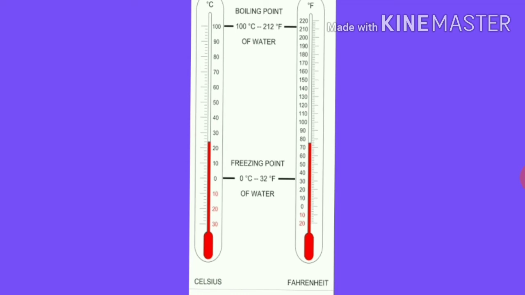And the boiling point of water is taken as 212 degrees Fahrenheit, which is the upper fixed point. The difference between these two points is divided into 180 degrees. It means that the whole length is divided into 180 equal parts.